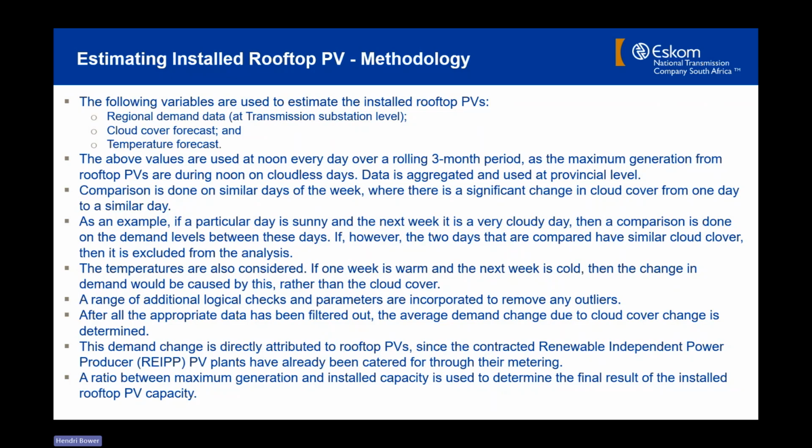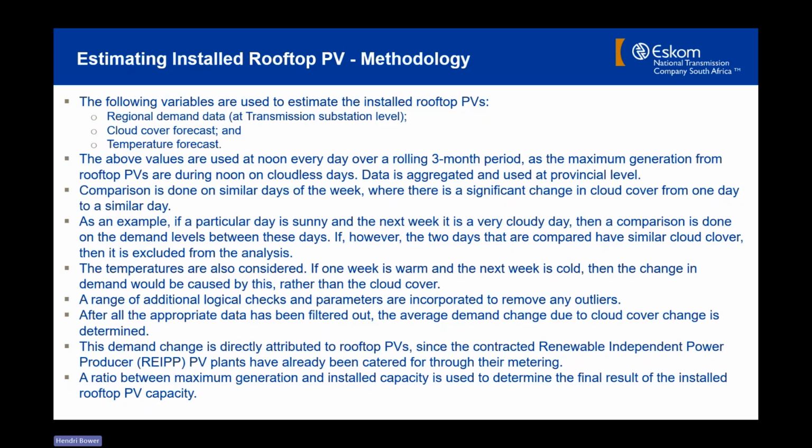And then just a last point is that I do look at the ratio between your maximum generation versus your installed capacity. Even for your contracted PV plants, your maximum output level is never at the same height or magnitude as your installation. This is to be expected.